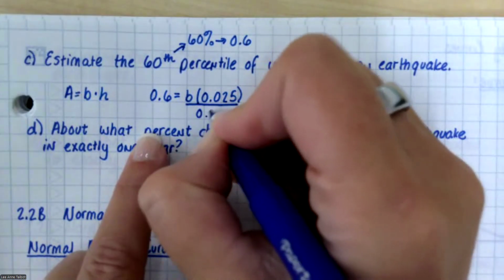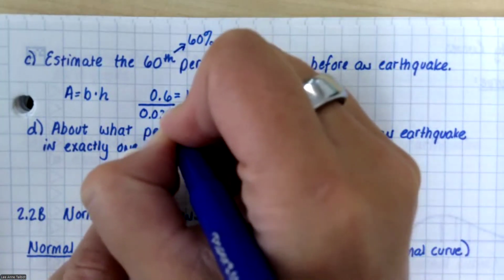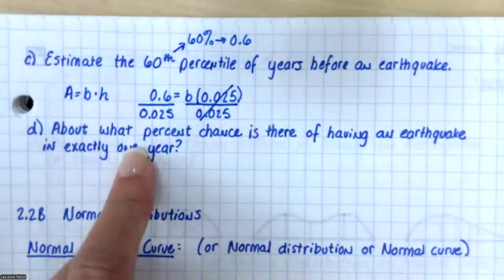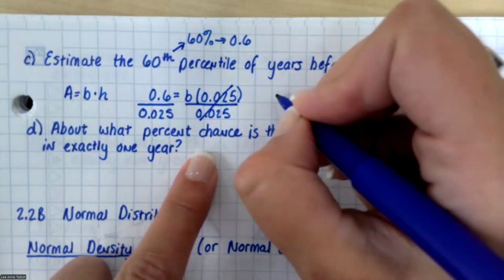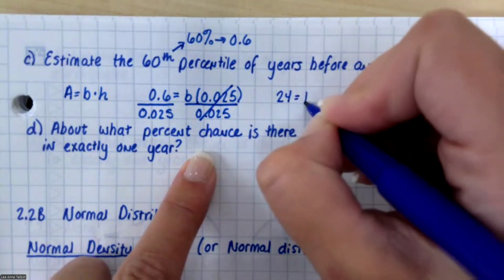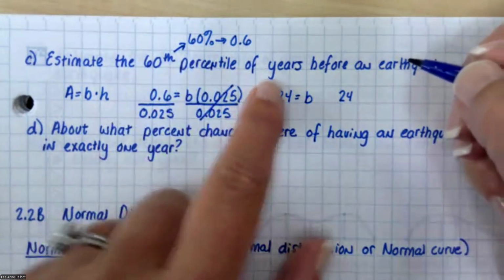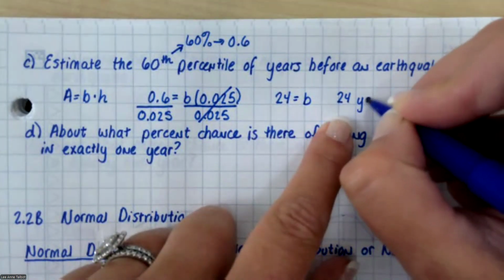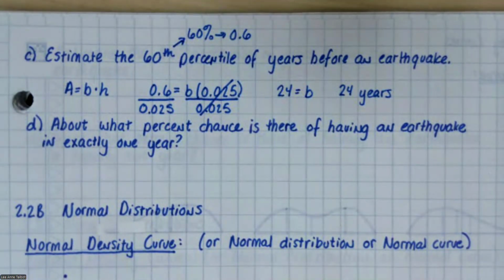Divide by 0.025. And 24 equals the base. So that means the 60th percentile of years before an earthquake is about 24 years, using those units from the x-axis.